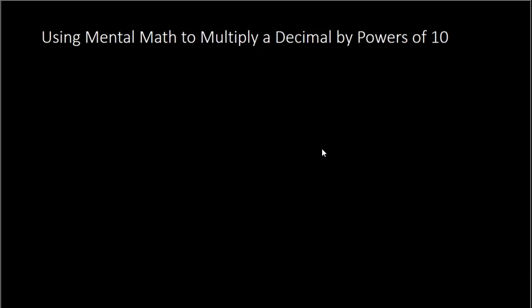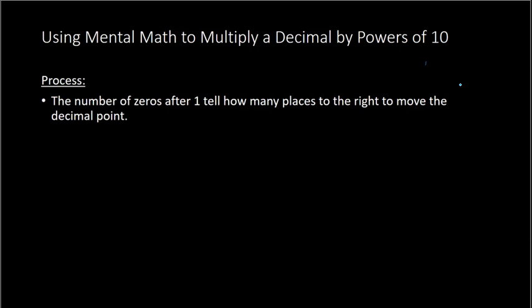Now lastly, we're going to learn how to use mental math to multiply a decimal by a power of 10. So when we say a power of 10, what we mean is like 10, 100, 1,000, 10,000, 100,000, etc. And the process for doing this is we look at the number of zeros after 1, and that tells us how many places to the right to move the decimal point.